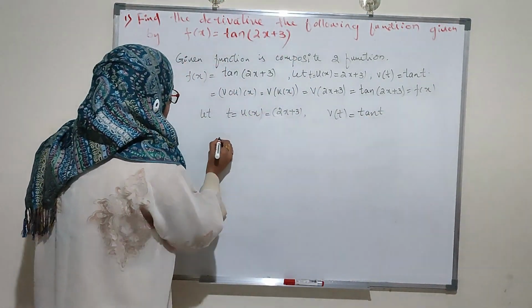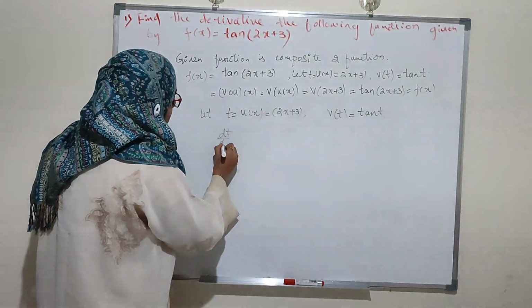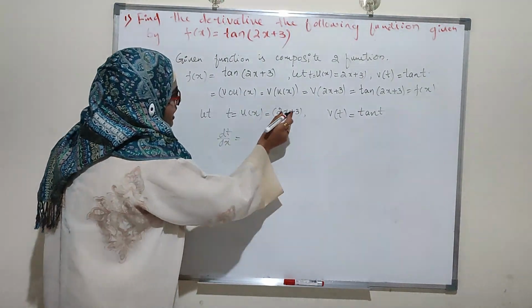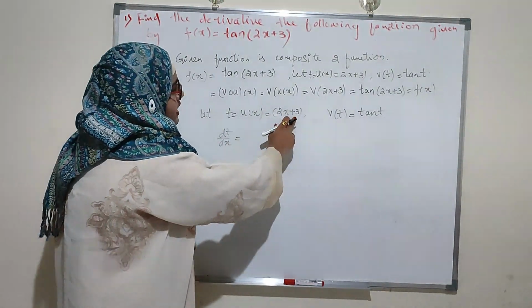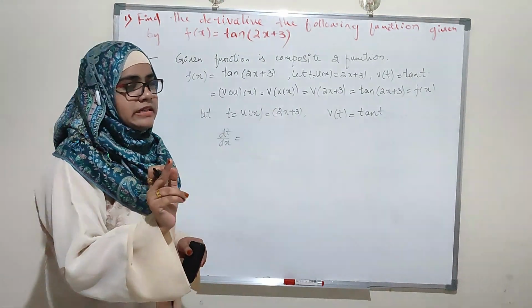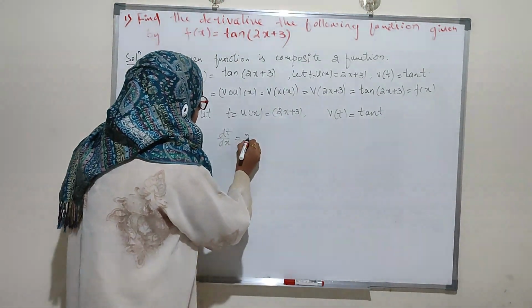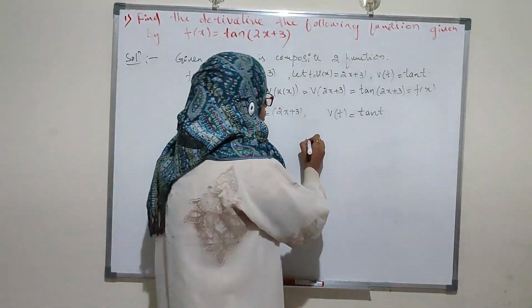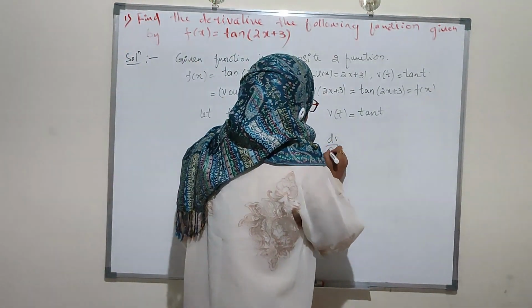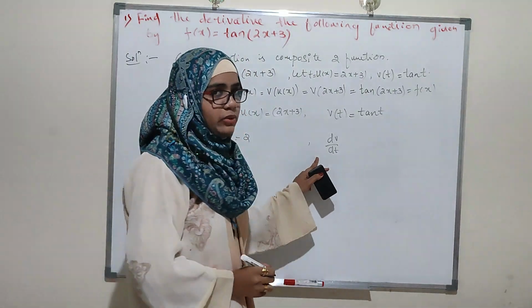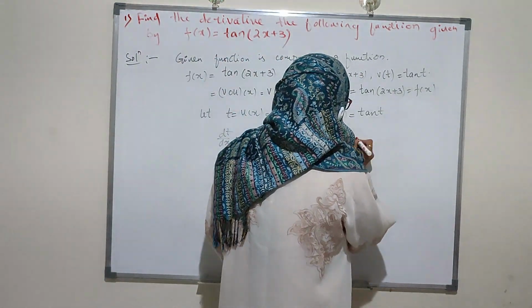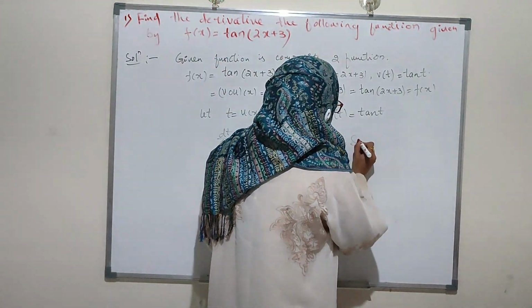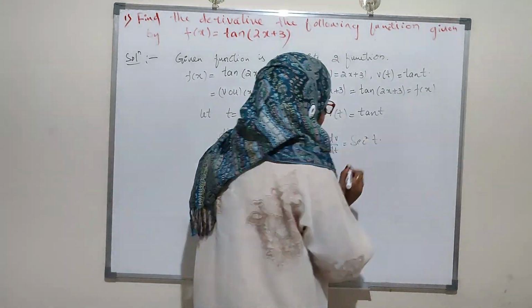Differentiate this with respect to t and with respect to x. We get dt by dx equal to derivative of 2x plus 3. 3 is a constant, so the differentiation of 3 is 0. 2x differentiation is only 2, okay, because differentiation of x is 1. So dv by dt, here we have to differentiate with respect to t. Differentiation of tan t is sec square of t.